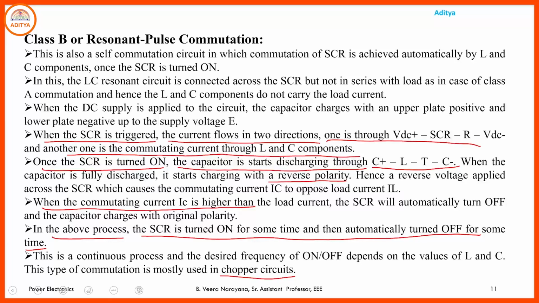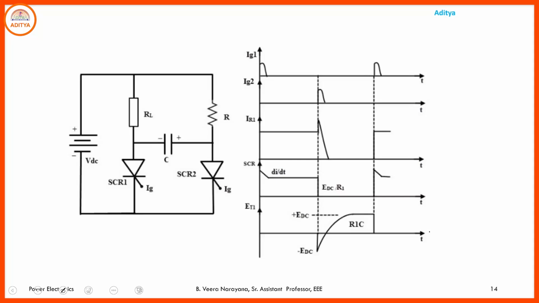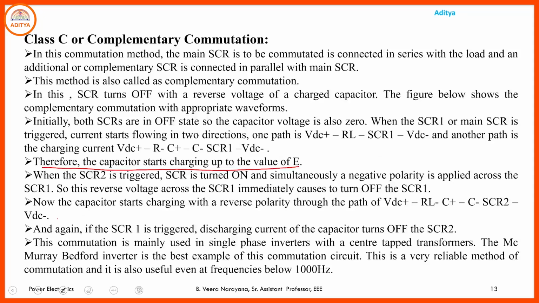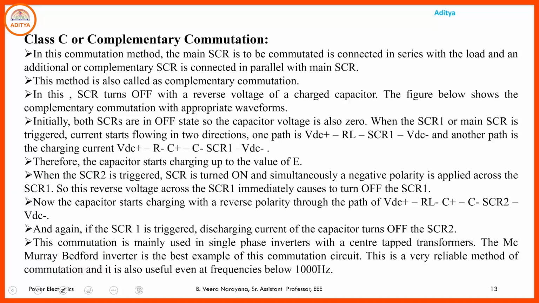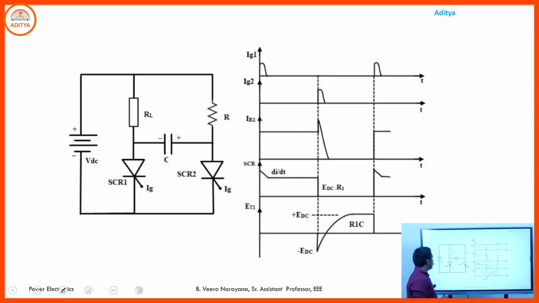And the third one is class C or complementary commutation. This is a circuit representation of complementary commutation.